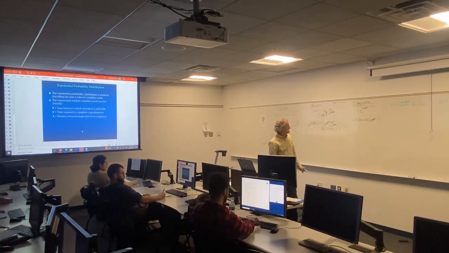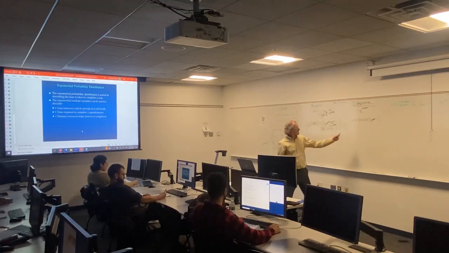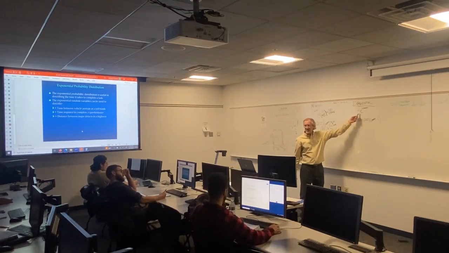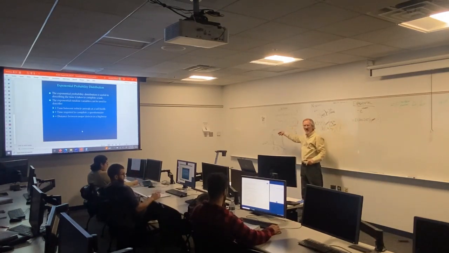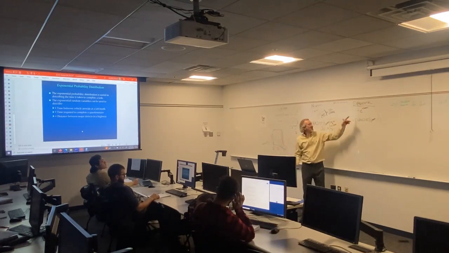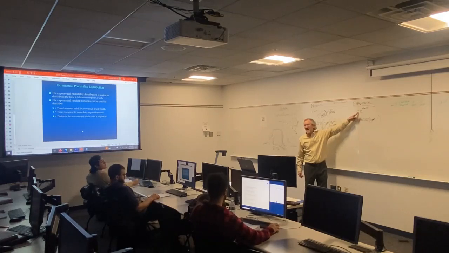What's weird about this is the 1 minus. This is what usually confuses people. With any of these other ones, Poisson, binomial, normal, we always have a 1 minus in front manually if it's a more than.